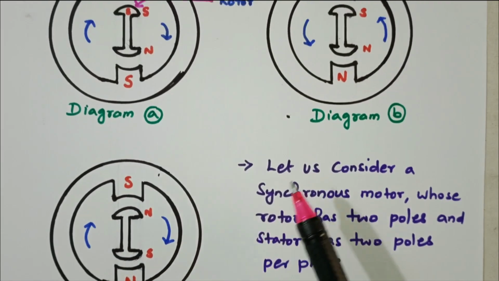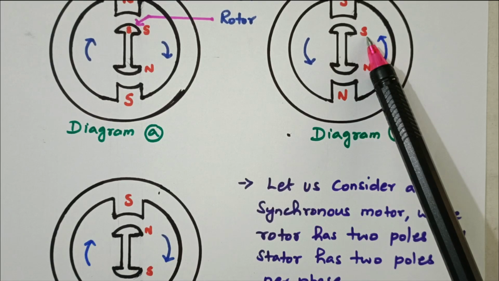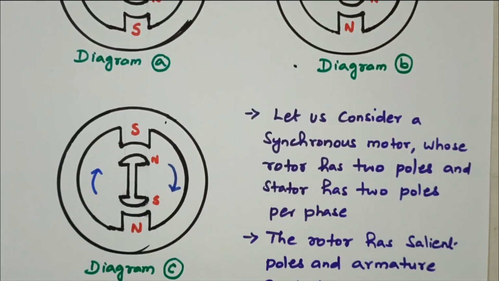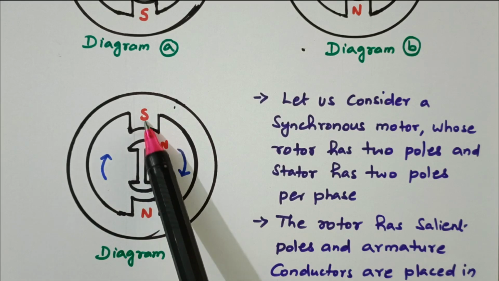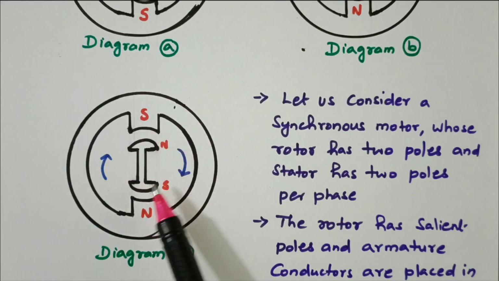Automatically it would get S pole at the top and N pole at the bottom, but we rotate it in an external manner to get this position, so that these poles attract each other and it continuously rotates in the clockwise direction. After attaining the speed, this external arrangement is removed.